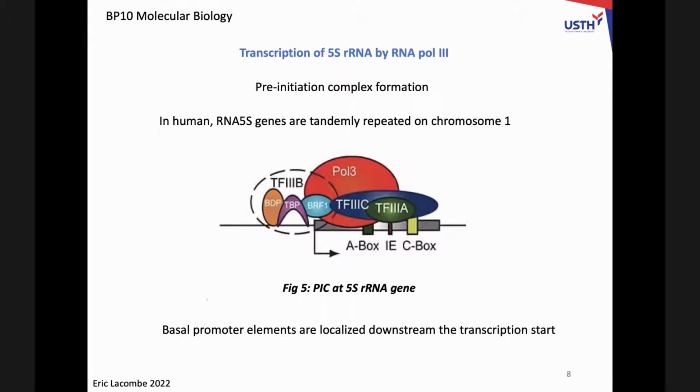In the case of Pol 3, it's the opposite. The first two proteins able to recognize a Pol 3 promoter are TFIIIC and TFIIIA, the blue and the green one on the drawing. They are a little bit similar to the conceptual function of TATA binding protein, but they are not at all TATA binding protein.